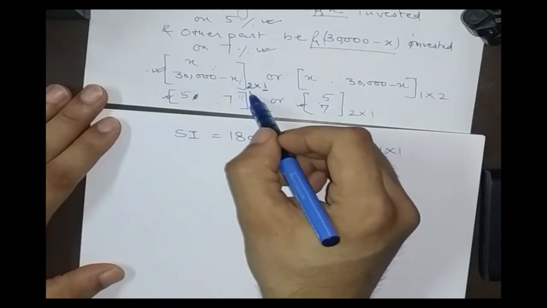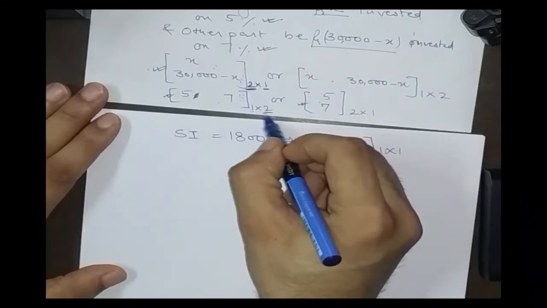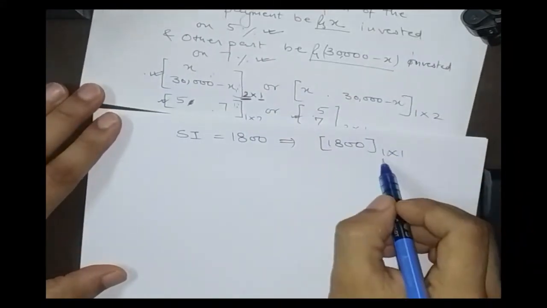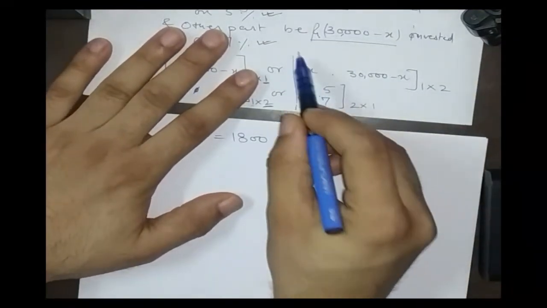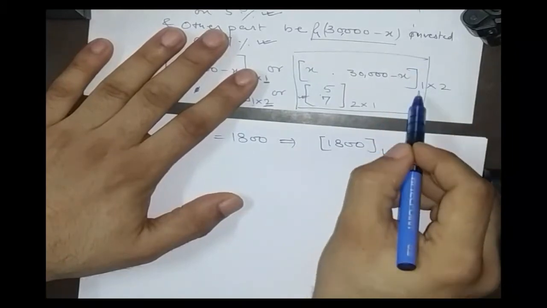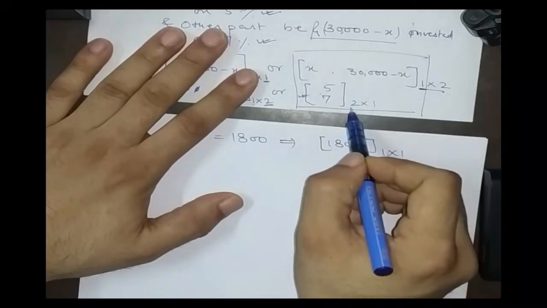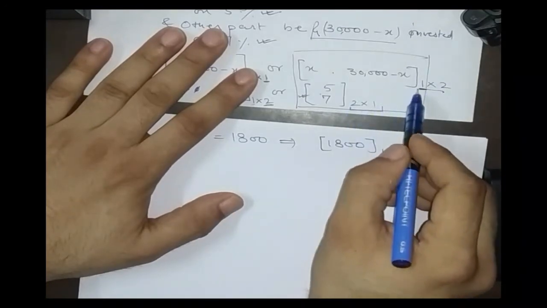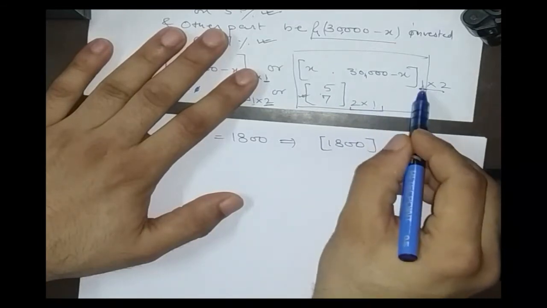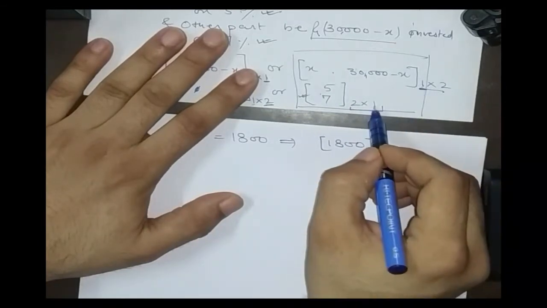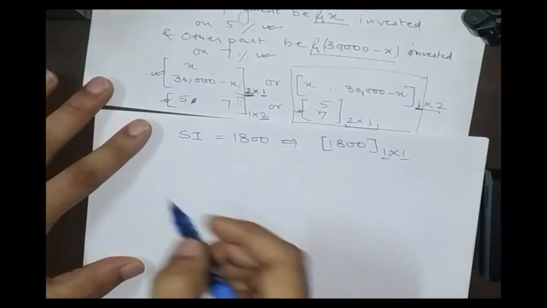Multiplication of these two matrices will make a new matrix. The product will be of order 2 into 2, but I want a 1 into 1 matrix. So I am following this system, because the first matrix is 1 into 2 and the other matrix is 2 into 1. The product of these two matrices will be of order 1 into 1, from the number of rows of the first matrix and the number of columns of the second matrix. So I will use this part.